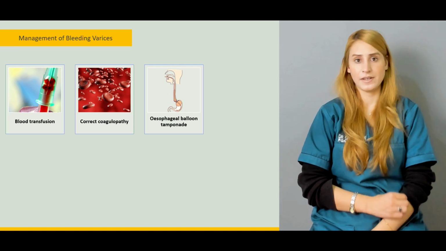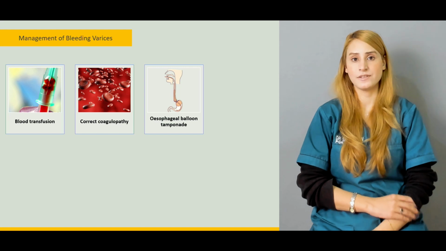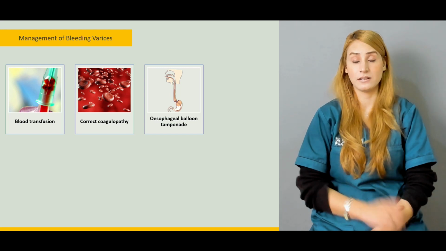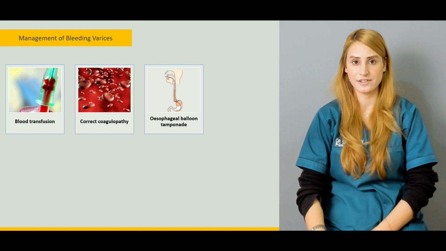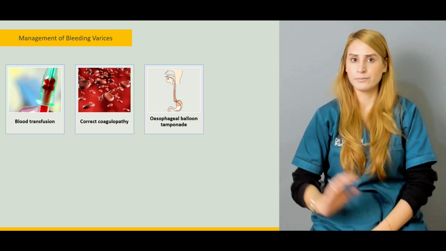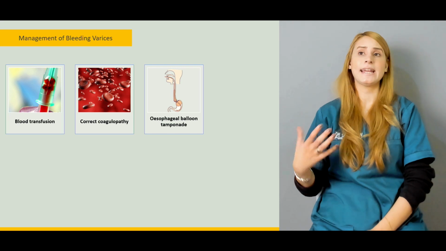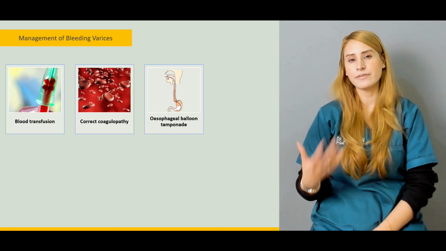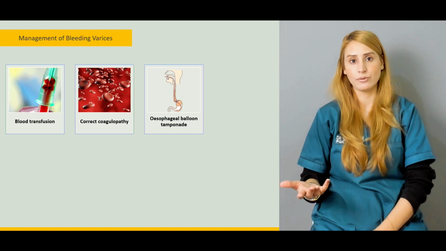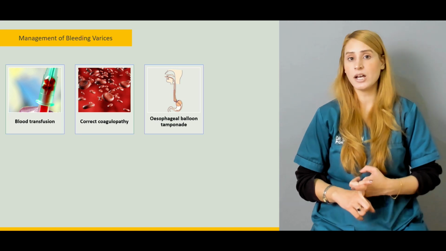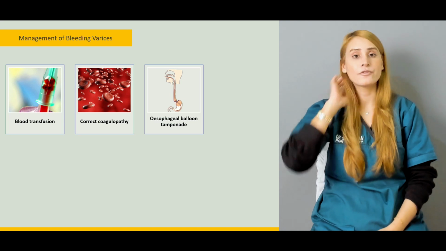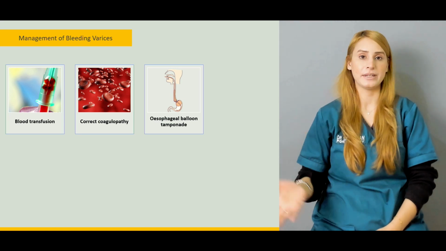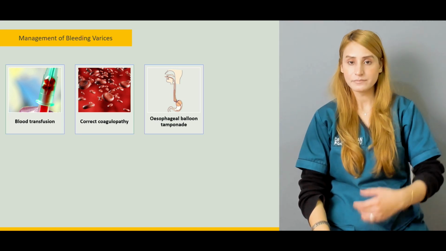And sometimes if there is a need, you can transfuse the clotting factors as well. Usually, if the patient is bleeding because of the coagulopathy, first transfuse the blood, and also correct the coagulopathy, so for that you have to give the FFPs.